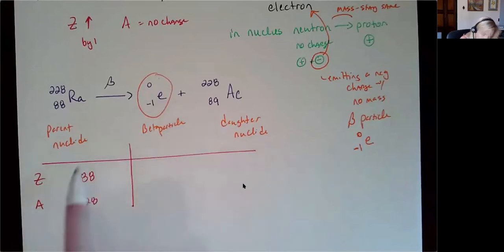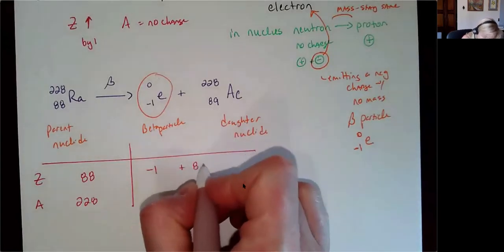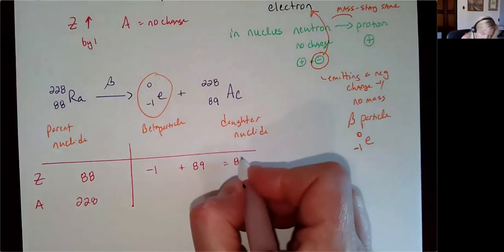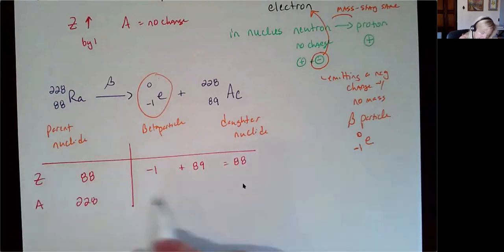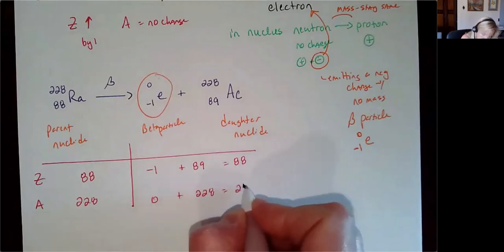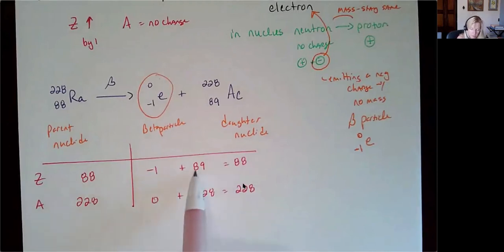Over here, my atomic number is -1 plus 89, so -1 plus 89 is going to give me 88, and then 0 plus 228 is 228. So no change in A, Z went up by 1, and I accounted for that because this beta particle actually subtracts 1 from this.